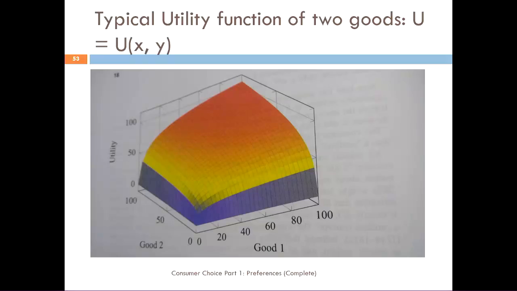All the bundles that have the same utility, equally happy, we call that an indifference curve. In geography, they call this a contour line. You might call it a level set if you've seen it in a different context. All the same thing. If you can see all the combinations of good 1 and good 2 that give you the same utility, it may be hard to see, but the same level will actually be a curve, and that's what I showed you last.